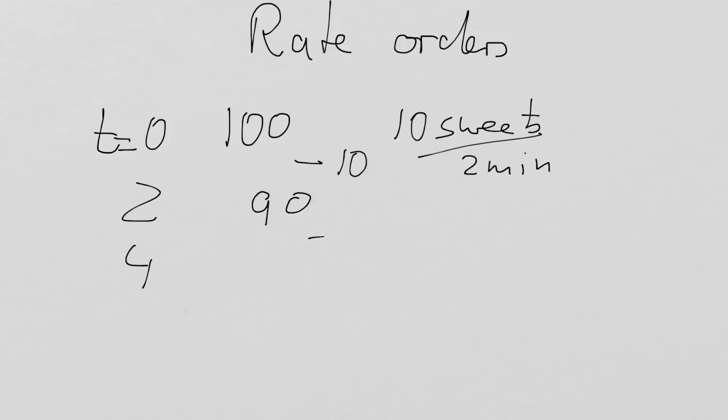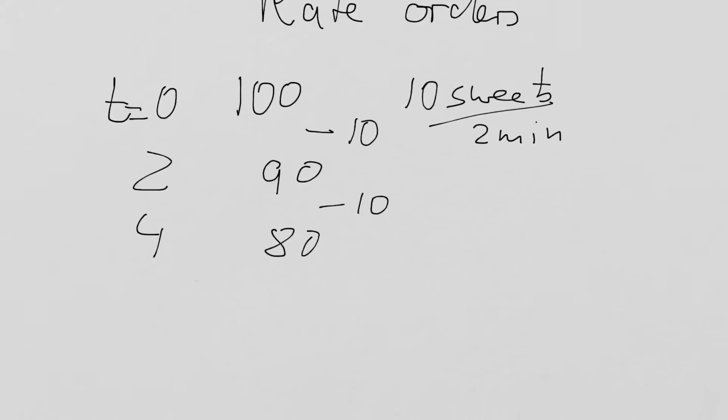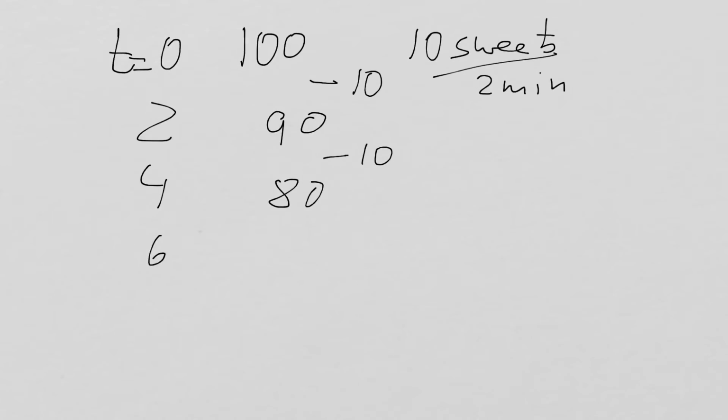After 4 minutes, I still have eaten 10, I've got 80 left. 6 minutes, 10, I've got 70 left. 8 minutes, I've eaten 10, got 60 left. That's obviously, you know, I'm doing that on foot, not as elegantly as you did, but it gives me hopefully the right result.